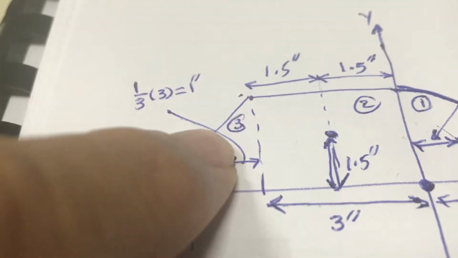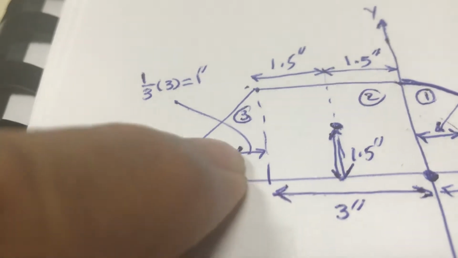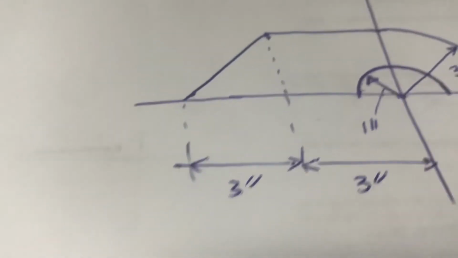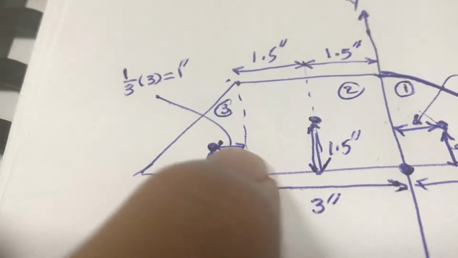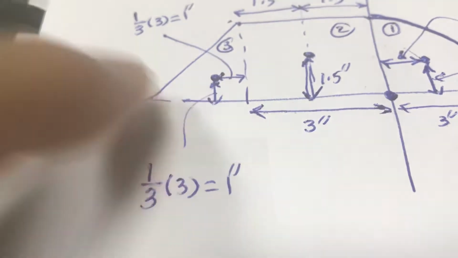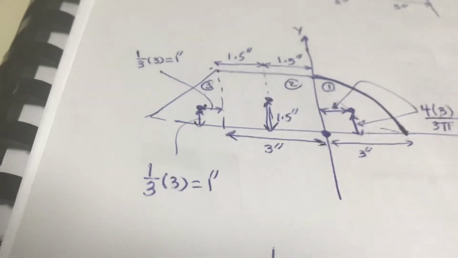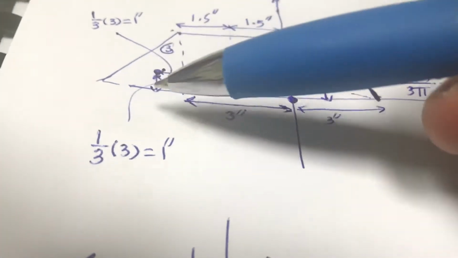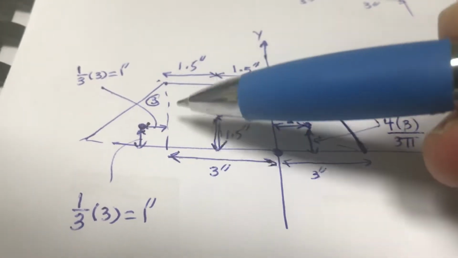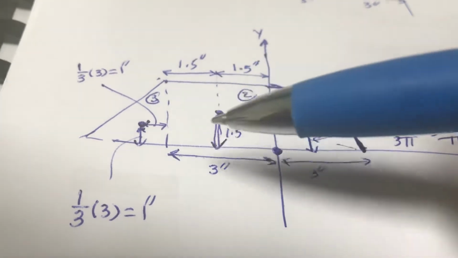The centroid of a triangle is 1/3 from the base and 1/3 from the base. So you know that this is 3 inch, so 1/3 of that is 1 inch here. And of course it's 1 inch here too. So it's 1 inch from this side, and 1 inch from this side. This is the centroid of this triangle.